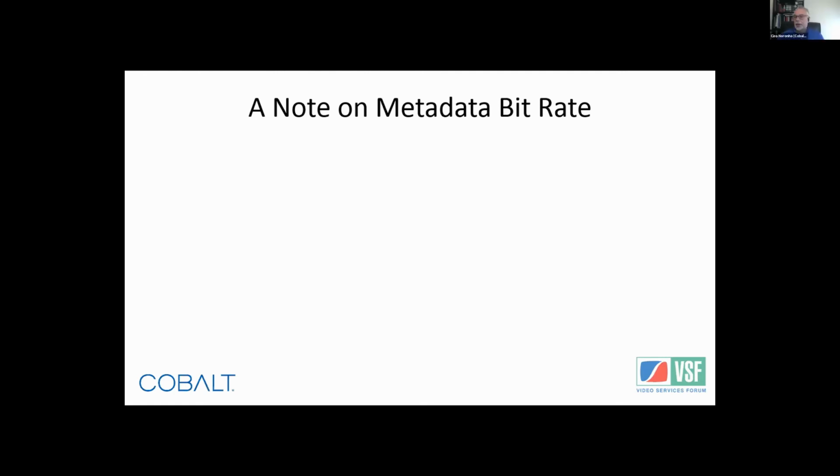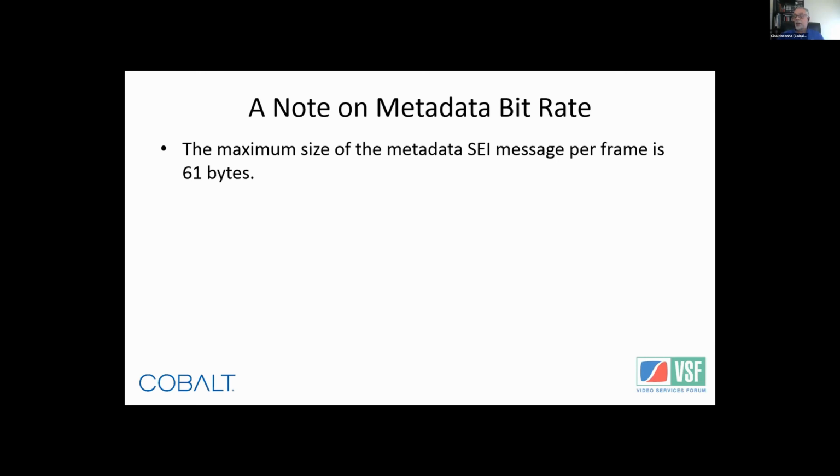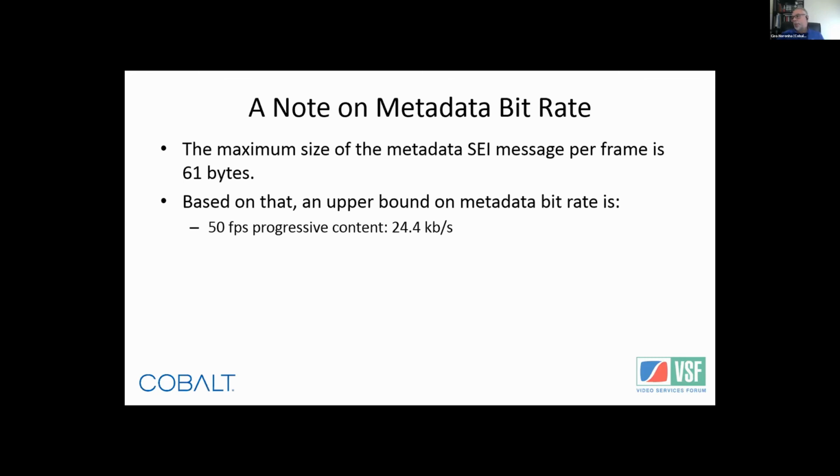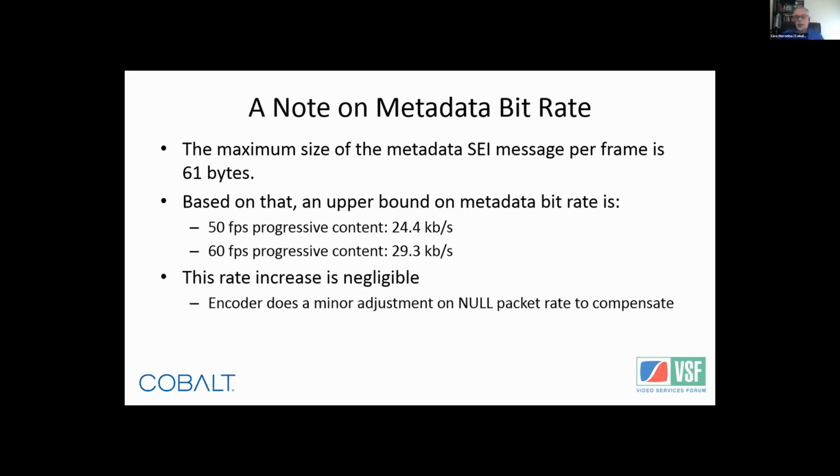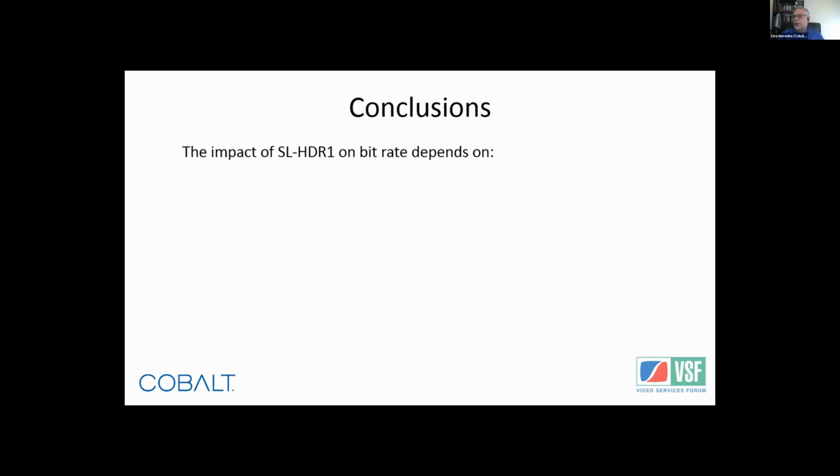Okay. So metadata bitrate, we are adding metadata for the SL-HDR1. So there is an increase in bitrate there, but the maximum size of the same message is about 61 bytes. So the upper bound is about 24 or 30 kilobit per second. It's negligible on that one. So conclusions, the impact depends on content and quality metric.